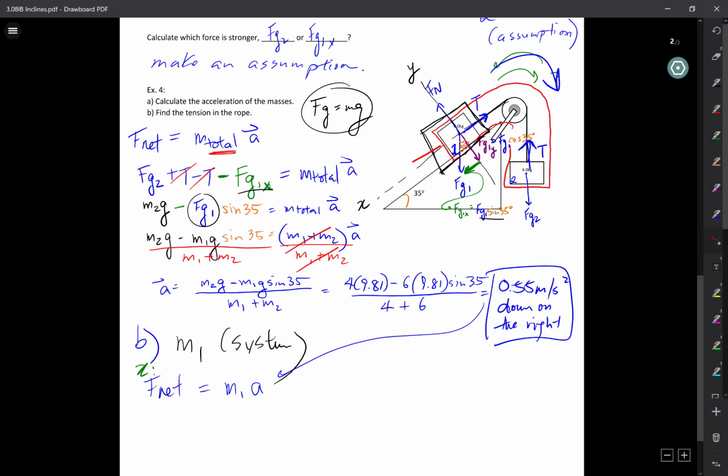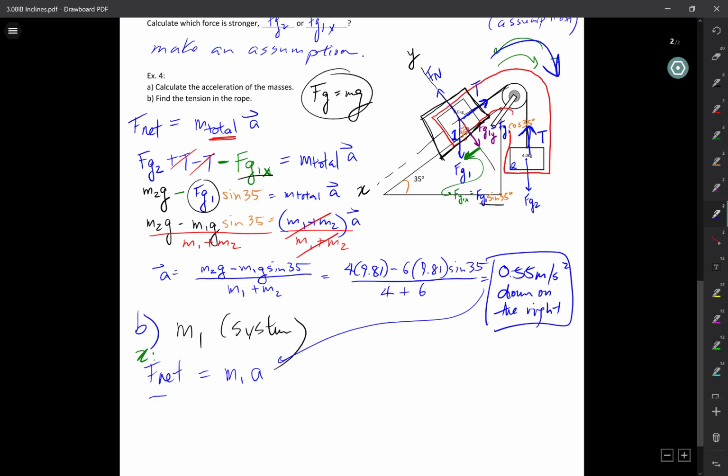So along the x-axis of mass 1, we have tension. We also have Fg1, which is also acting along this axis. Now notice tension is pulling it up in the same direction as acceleration. So my F net is going to include tension as positive, in the same direction as acceleration. My Fg1x is opposing the direction of acceleration, so I subtract it.